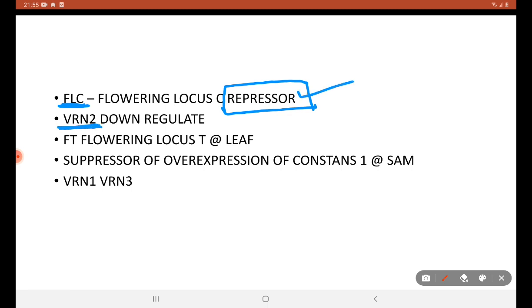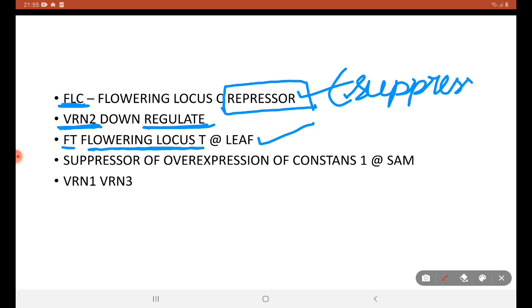VRN2 downregulates vernalization. FT, flowering locus T, promotes vernalization. Flowering locus C suppresses. Flowering locus T promotes.